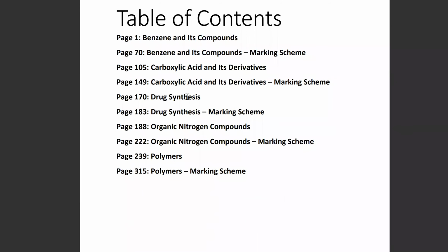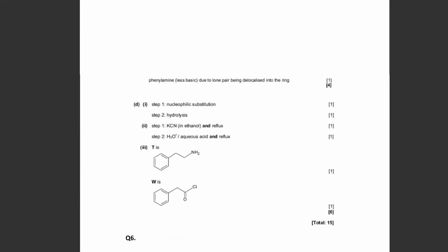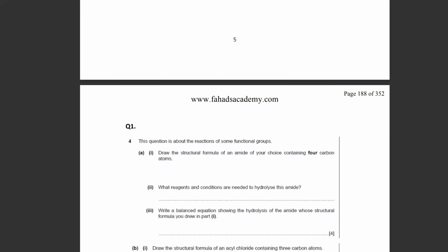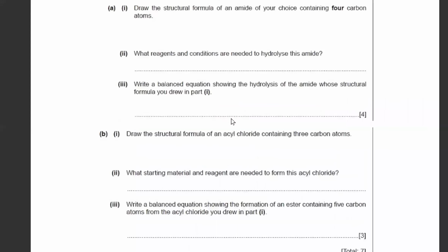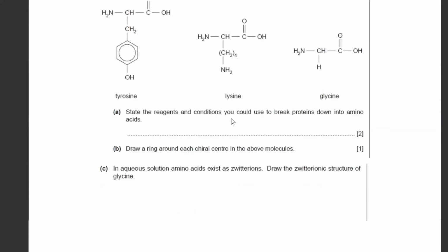This one is organic 188 nitrogen compounds. This one is mostly related to proteins.